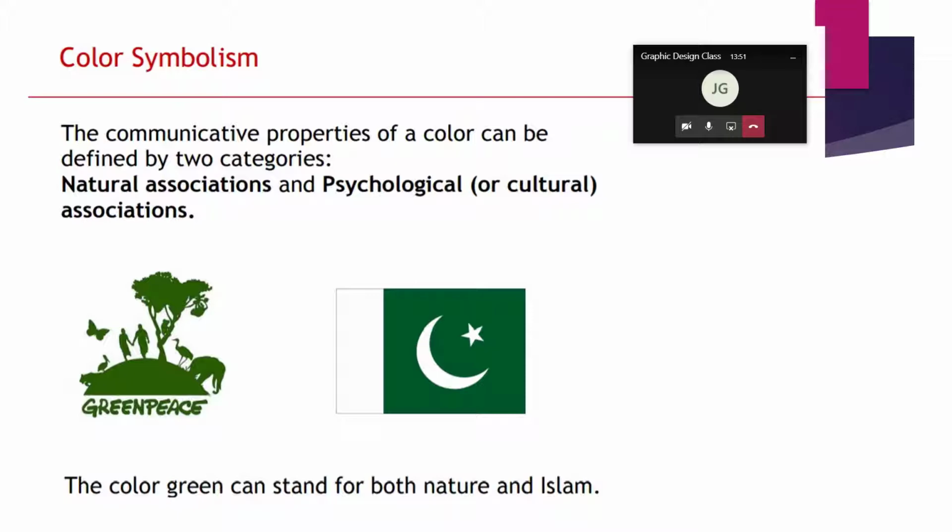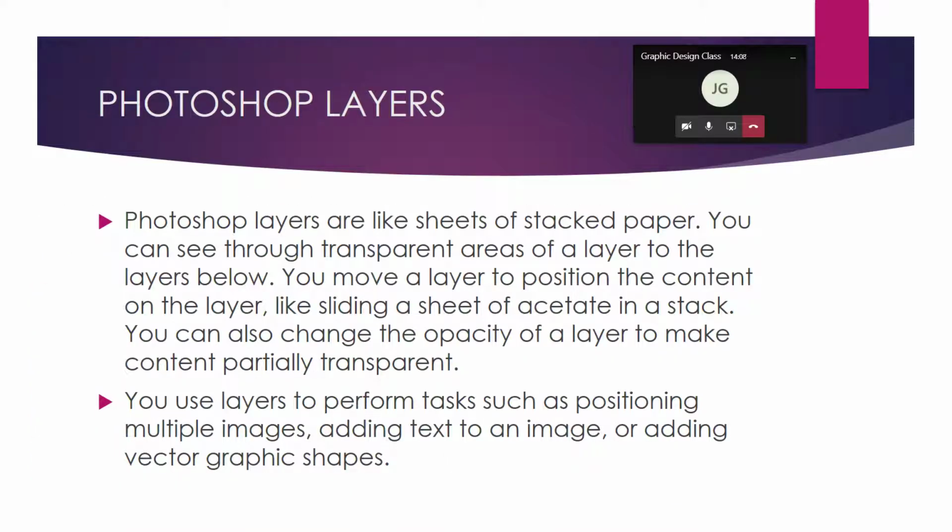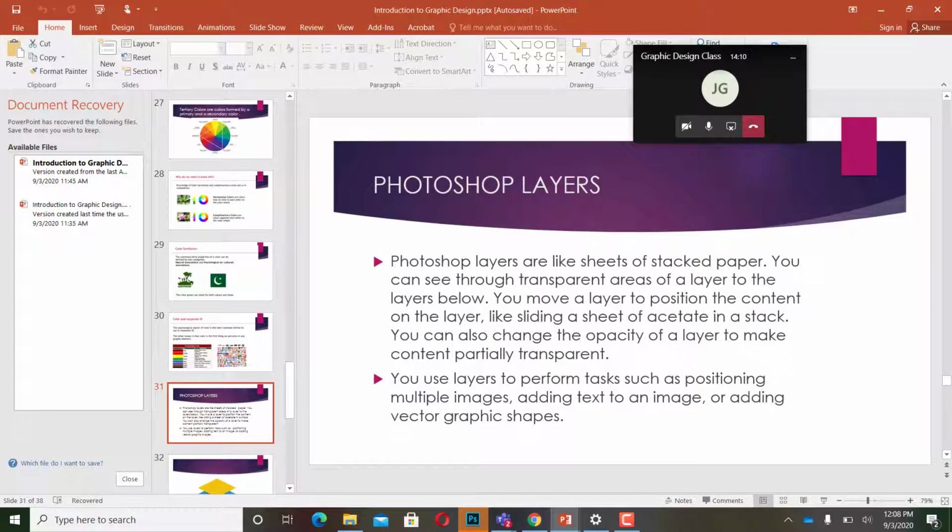So colors can be used to associate with things. And then we also looked at corporate ID, that is the colors, that every company has its own unique color. So when you want to do a design, you have to factor all that into your design. That was for the last time.